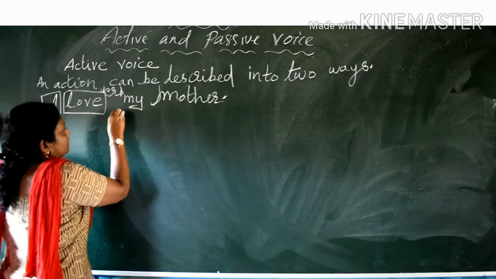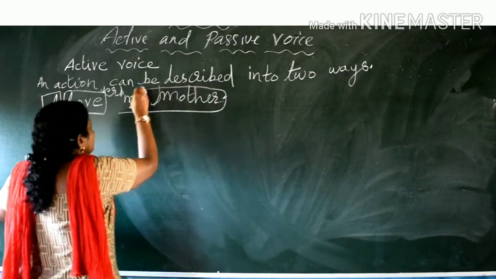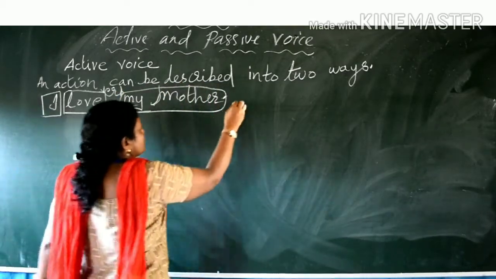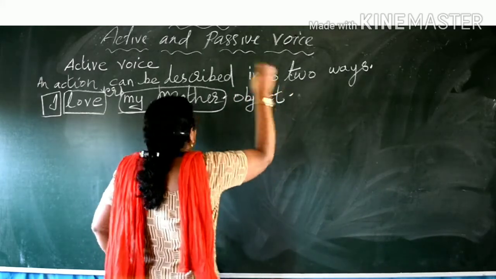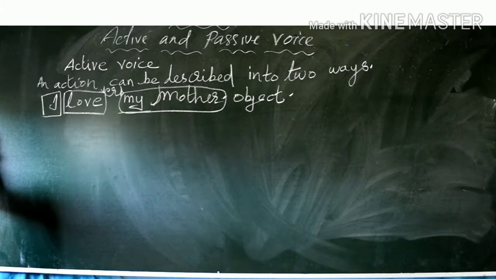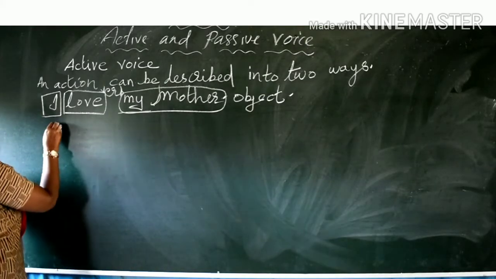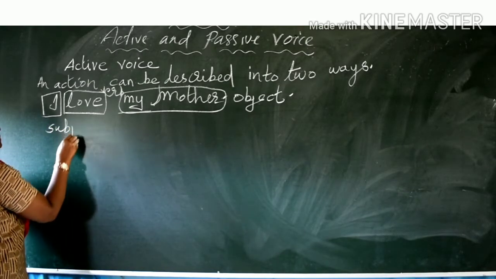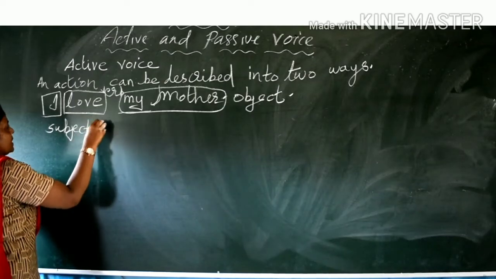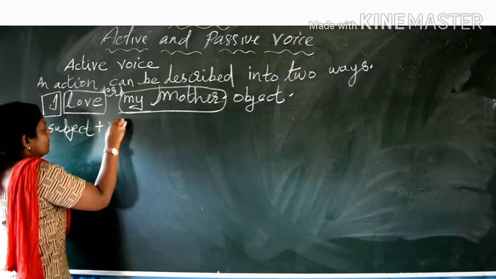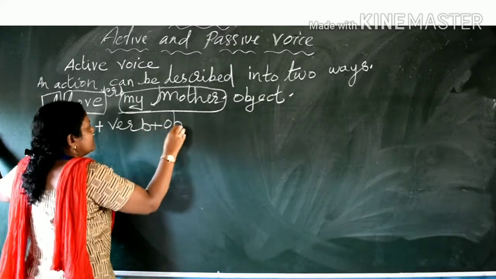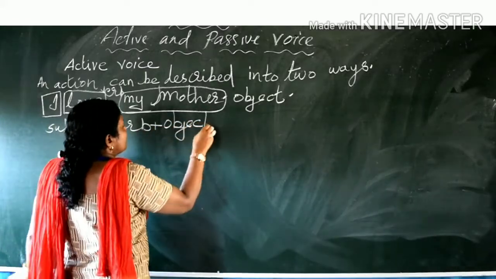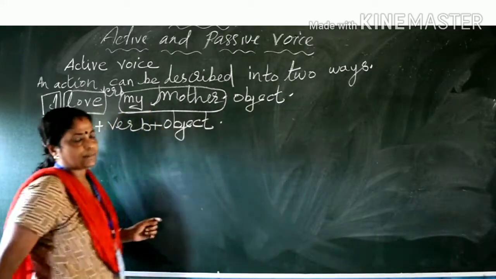And the receiver, who receives the action, is object. So the structure of the sentence is subject plus verb plus object. That is the structure of the sentence in the active voice.